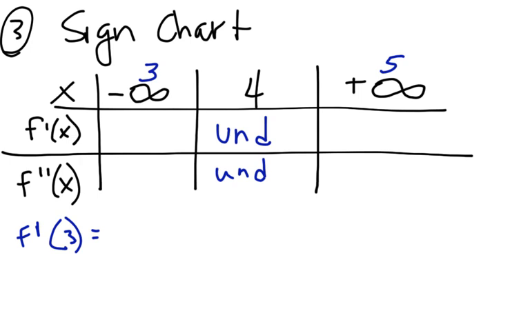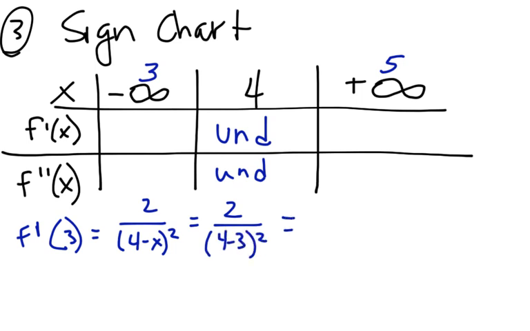So f prime of 3 would be, and again, 2 over 4 minus x squared was our first derivative. So this will be 2 over 4 minus 3 squared, which is 2 over 1 squared, which is just 2. And so that's a positive.